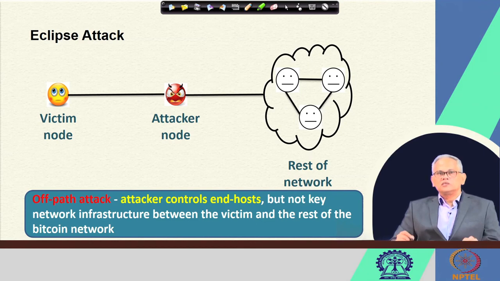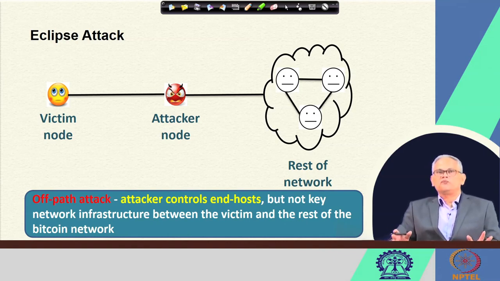Once the attacker is able to control the victim node, it is controlling the path between the victim node and the rest of the network. It is not completely devastating the full infrastructure between the victim and the rest of the Bitcoin network. It is letting things pass, but it can selectively decide which part to suppress and which not to suppress.